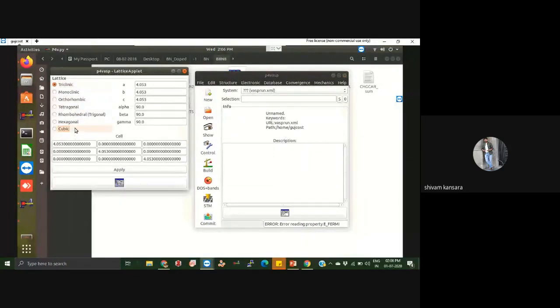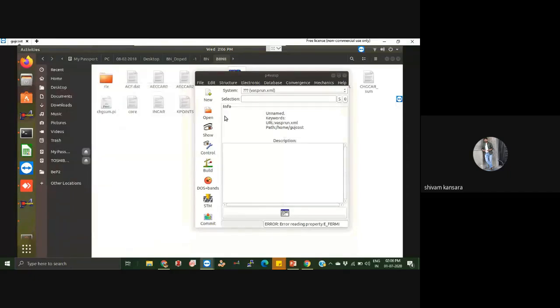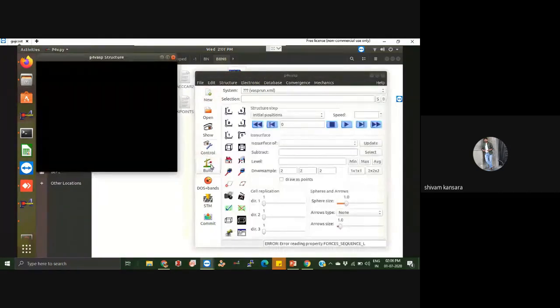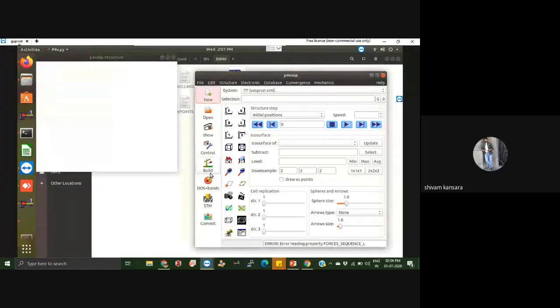I have selected cubic and placed 4.053 in place of 0 and tapped apply. After applying the lattice constant, press the control button. This screen is black, so I just press on the white surface and build.